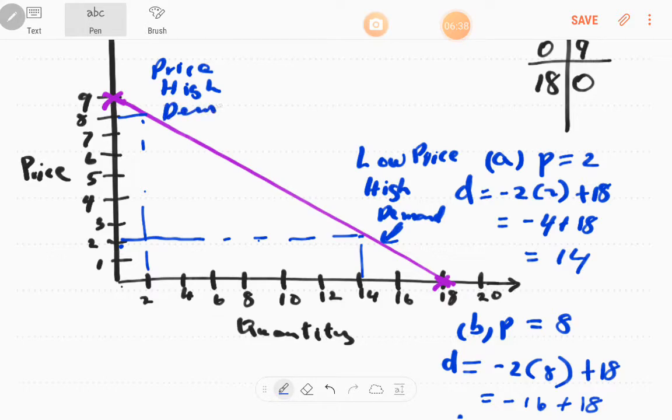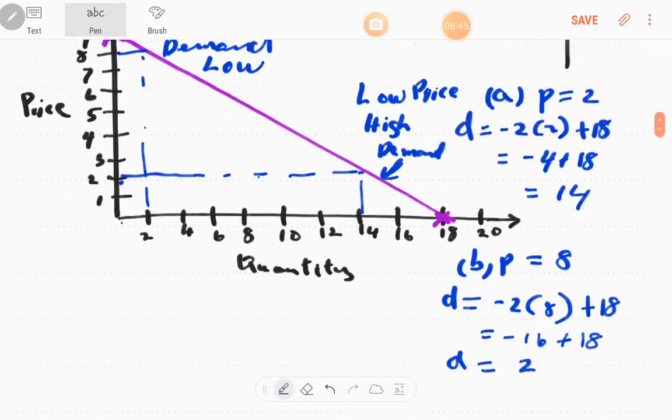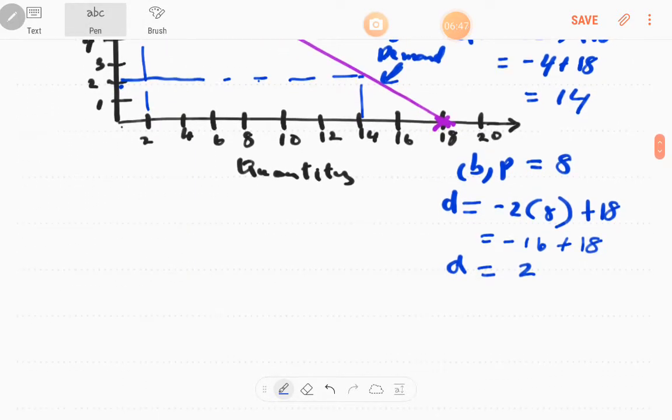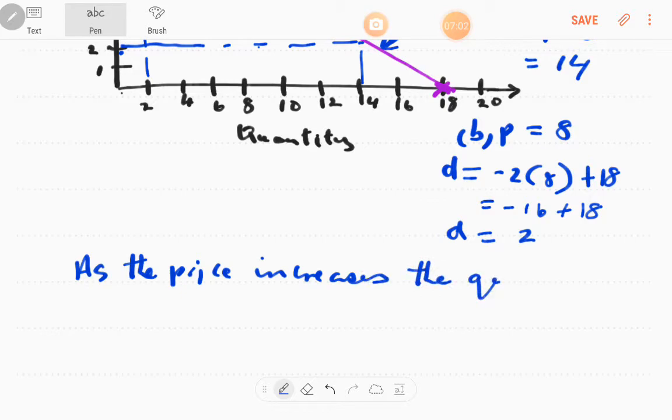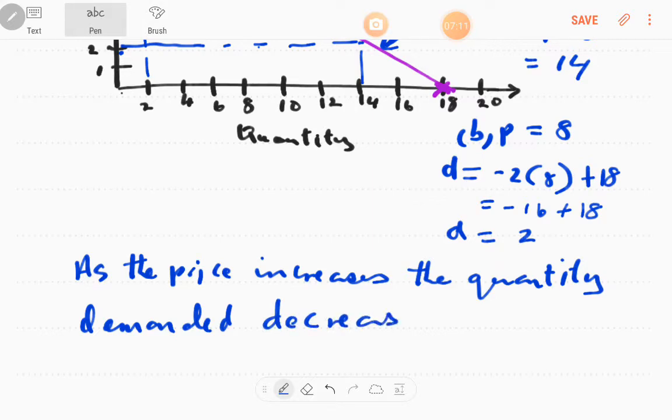The quantity demanded is low. So okay, we could summarize this by saying that as the price increases, the quantity demanded decreases. Okay.